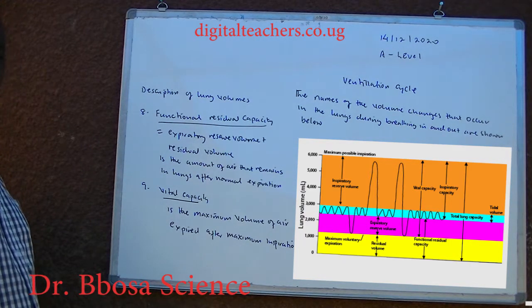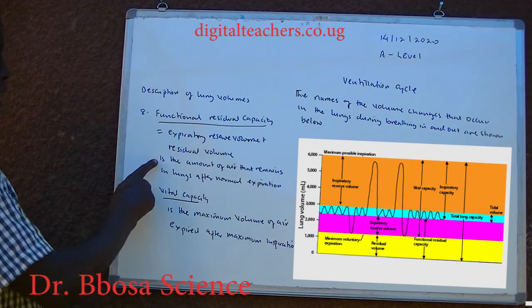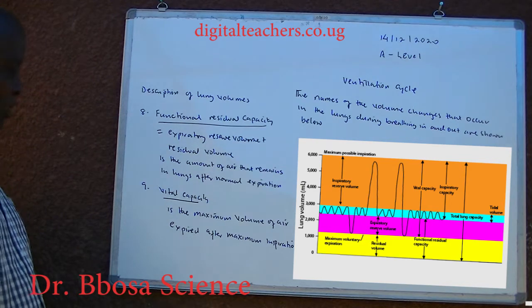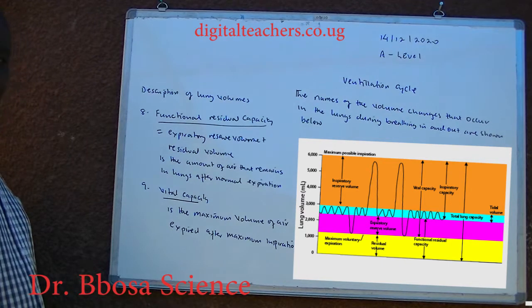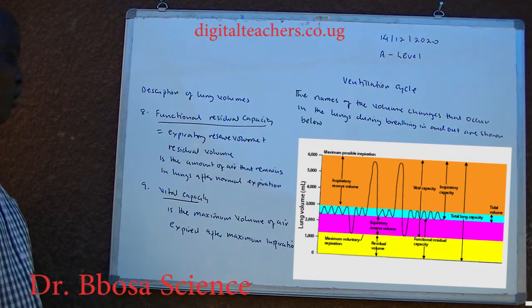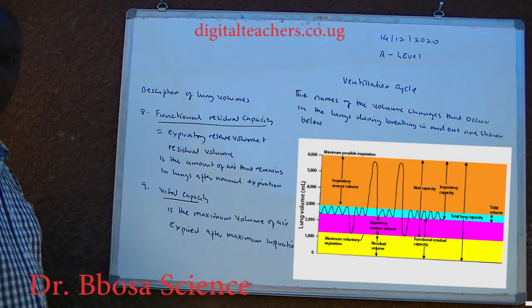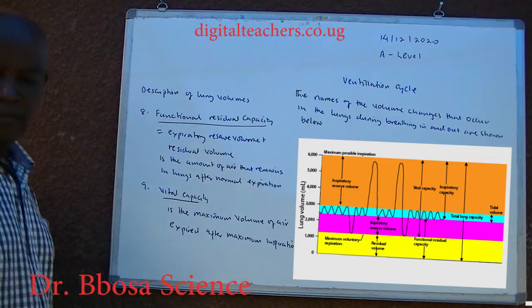Functional residual capacity is the amount of air that remains in the lungs after normal expiration. 9. Vital capacity is the maximum volume of air expired after maximum inspiration.